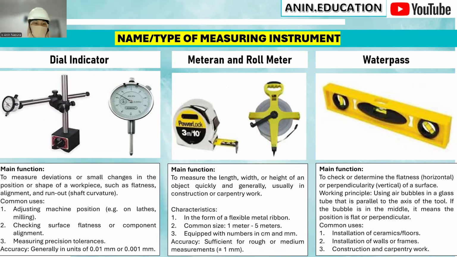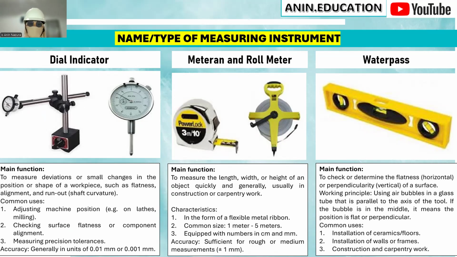Common uses: adjusting machine positions, e.g. on lathe or milling. Checking surface flatness or component alignment. And three, measuring precision tolerances. Accuracy is generally in units of 0.01 millimeters or 0.001 millimeters.